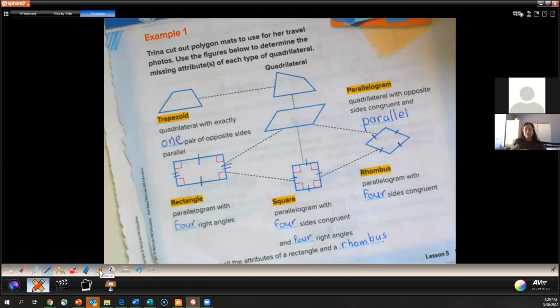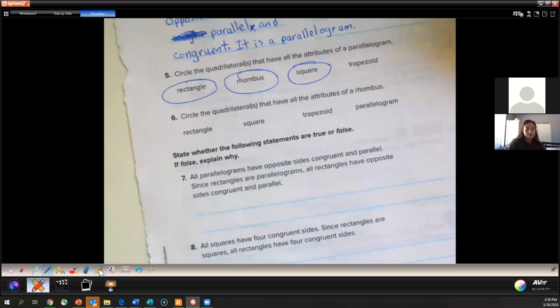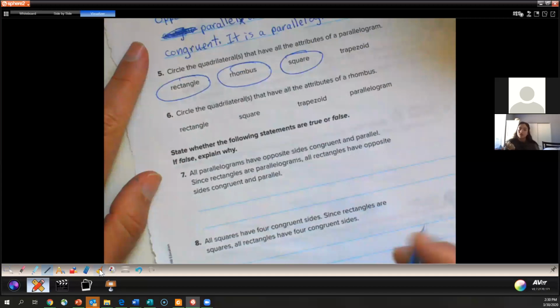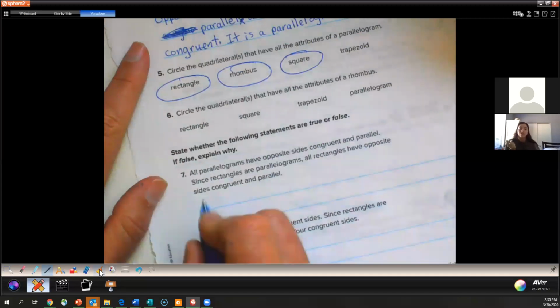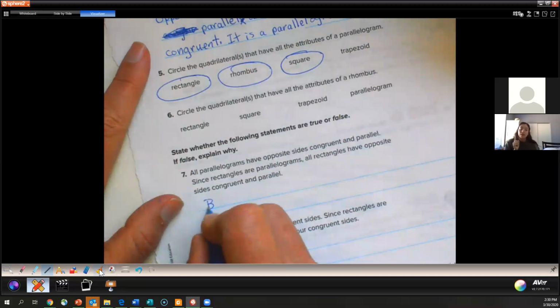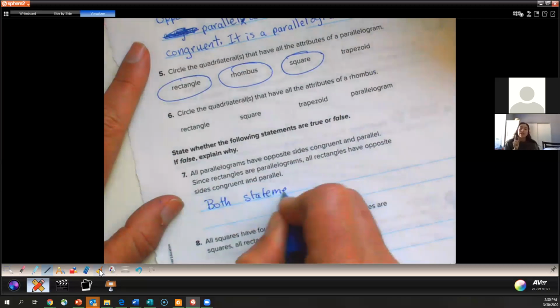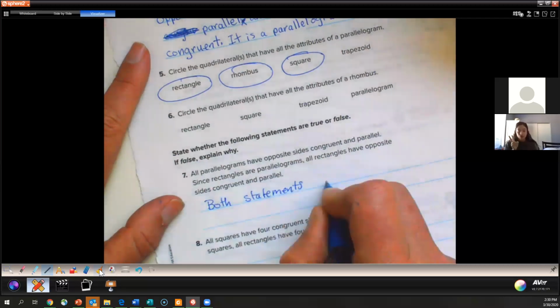So let's go ahead, Mr. Yates, and flip back to our other page. So we made sure that our first sentence was true. It says all parallelograms have opposite sides congruent and parallel. We agreed that that is true. And then it says since rectangles are parallelograms, all rectangles have opposite sides congruent and parallel, which is also true.